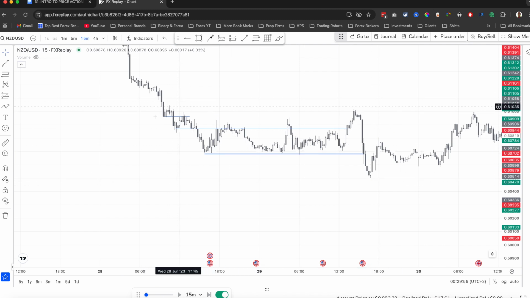So the price went up, then there was a pullback, and when it went down, it went back to that key level and then pushed down. Okay, and then we went into consolidation.